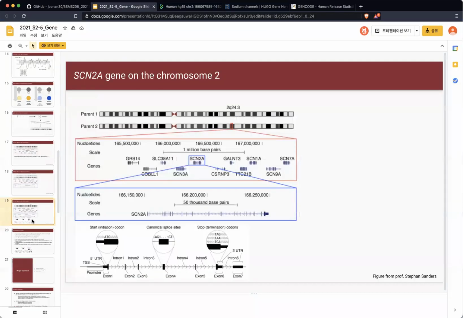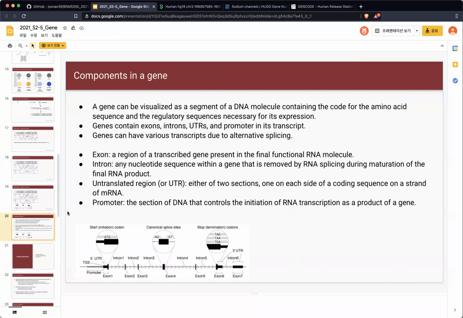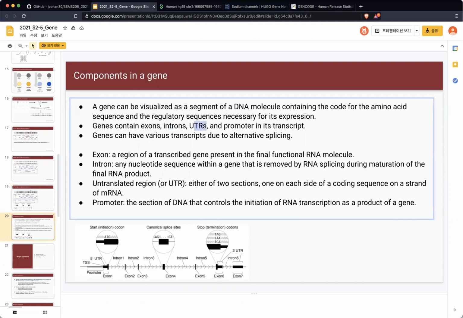So for this, we have to know what exons and introns are, right? Okay, so the first thing is a gene contains exons, introns, UTRs, promoters in its transcript, right? So you have many concepts about genes in this sentence.